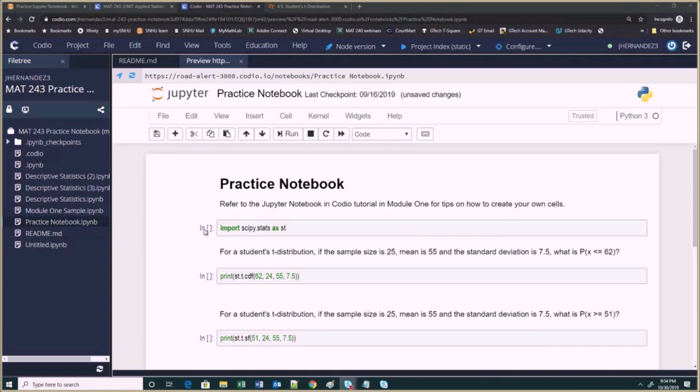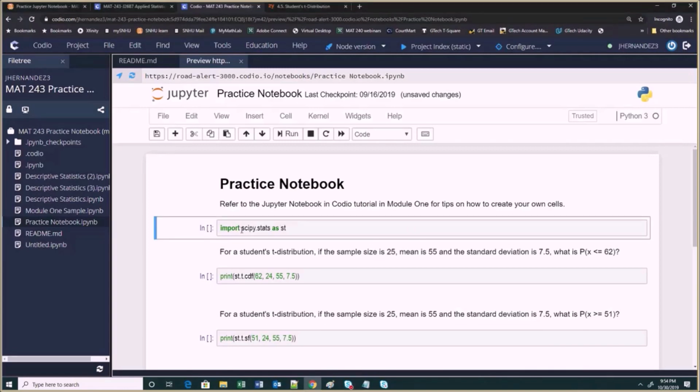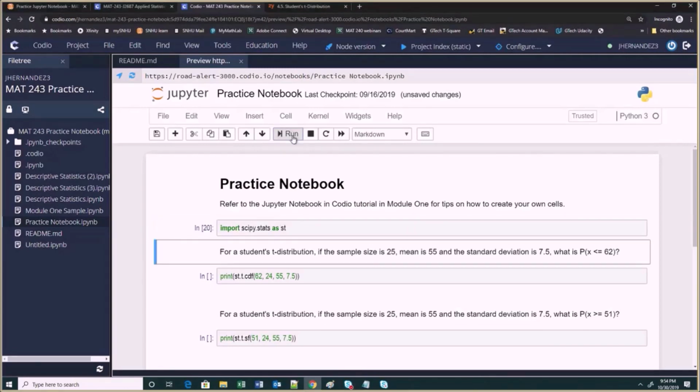So just like before, I will import the submodule scipy.stats. And here's the first problem. For a student's t-distribution, if the sample size is 25, mean is 55, and the standard deviation is 7.5, what is the probability that the given x is less than a critical value of 62?